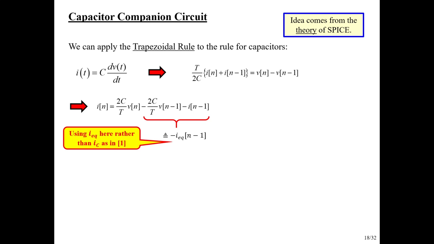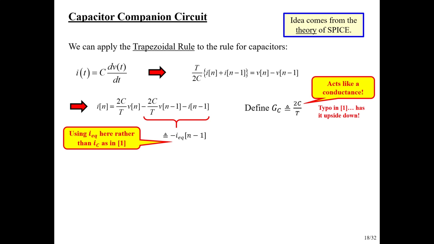Now, David Ye calls that I sub C, and that bugs me because that is really not the current through the capacitor. So I chose to call it EQ for maybe equivalent. I might have called it AX or AUX for auxiliary. It's not really equivalent to anything, so maybe even my choice is wrong and bad. But it's not I_C, so I just named it something else.